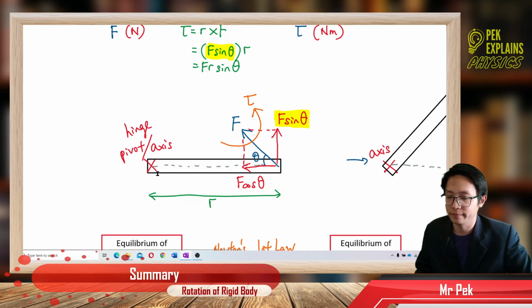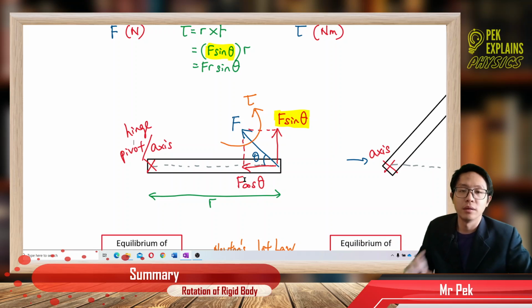Now, this force F can be resolved into two components, because we have angle theta. Adjacent to angle theta, we have F cos theta, and opposite to the angle theta, we have F sin theta. F cos theta is parallel to R. F sin theta is perpendicular to R.